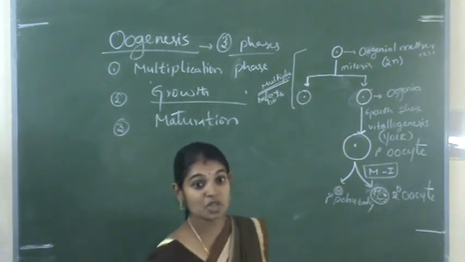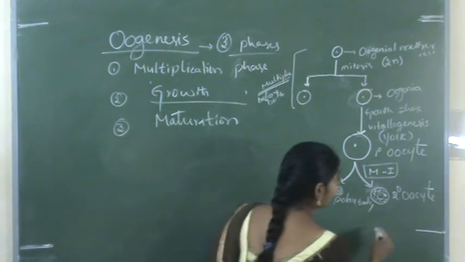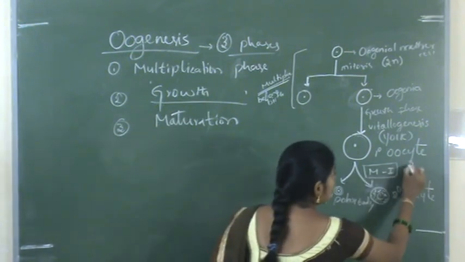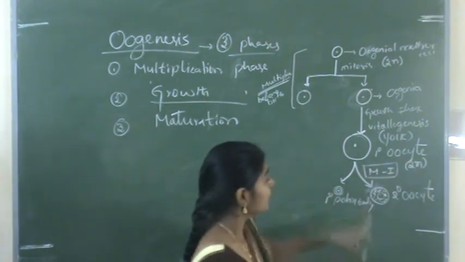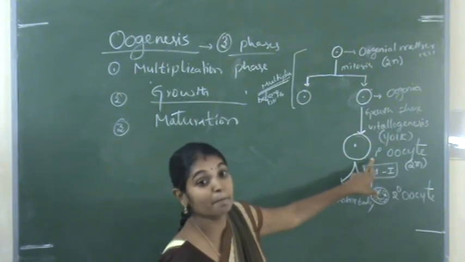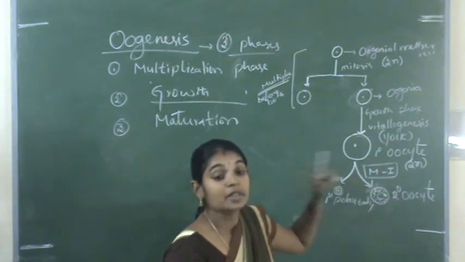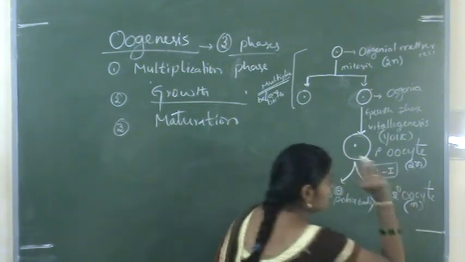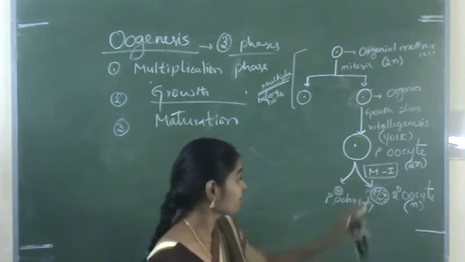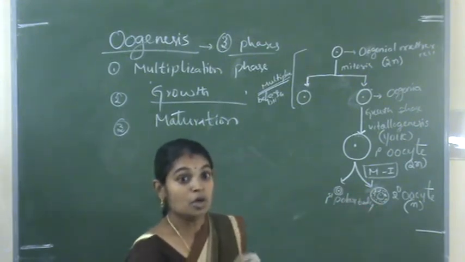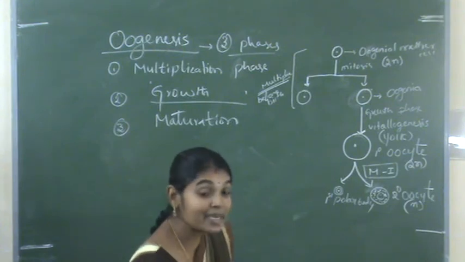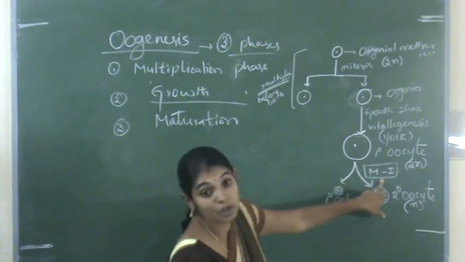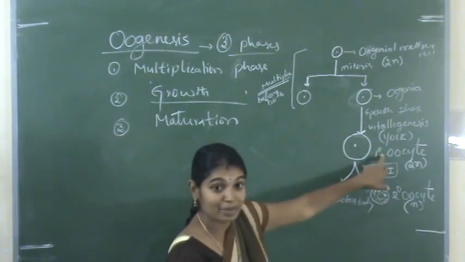And what is the chromosomal number in the secondary oocyte? The primary oocyte is diploid. Then this primary oocyte undergoes meiosis 1, so the chromosomal number is reduced to half, and it gets the haploid number of chromosomes. So the secondary oocyte and first polar body are formed due to meiosis 1 of the primary oocyte.